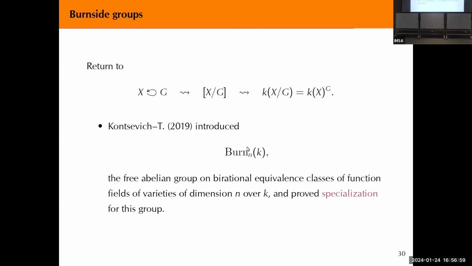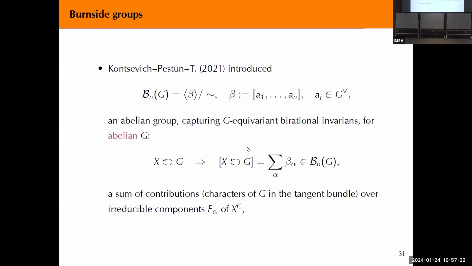So it's equivalence classes of function fields of varieties of dimension n over k, and we prove specialization for these groups. So you look at the family, you look at the generic point, look at the special fibers, and then there is a specialization homomorphism in this context. And there are many geometric applications that I discussed at previous conferences.